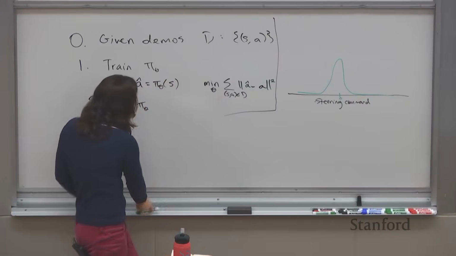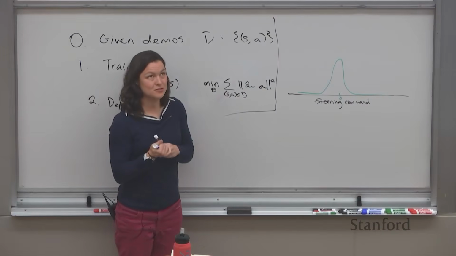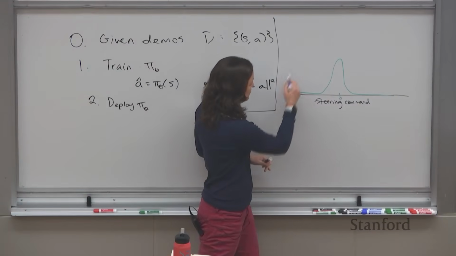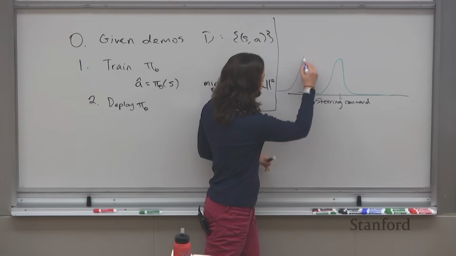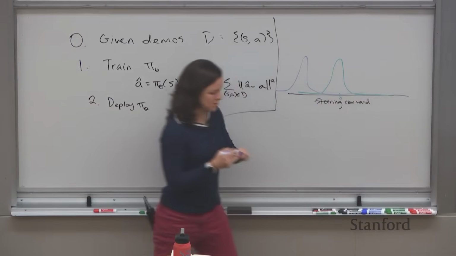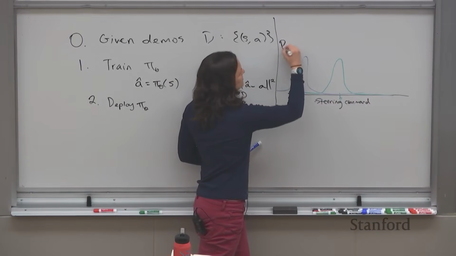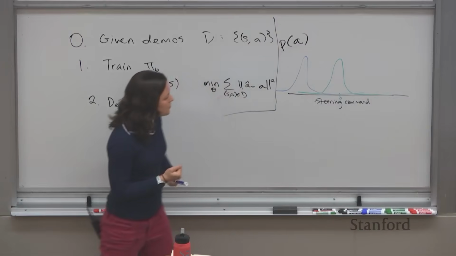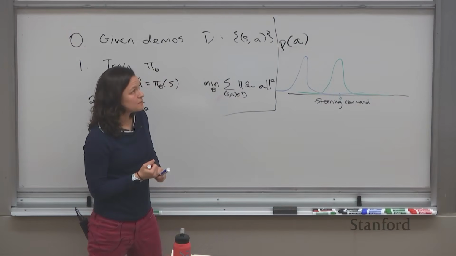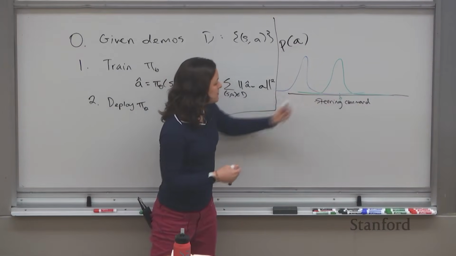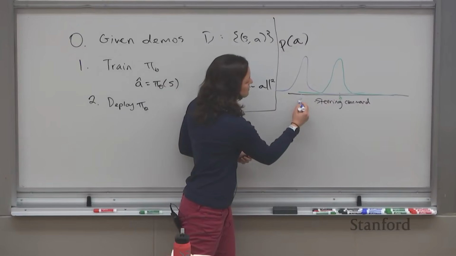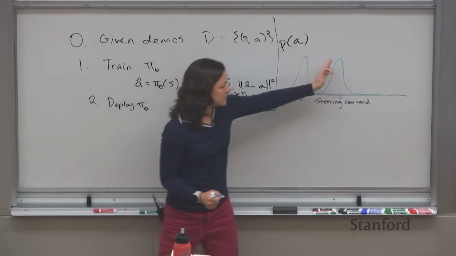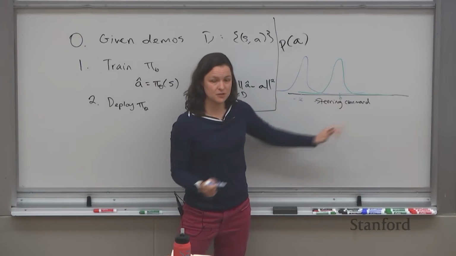And for the drivers that chose to merge left, their distribution over actions for the steering command might look something like this. So this is the probability over actions. If they're deciding to merge left, they maybe have a steering command of -2. If you stay straight, that might have a steering command of 0.